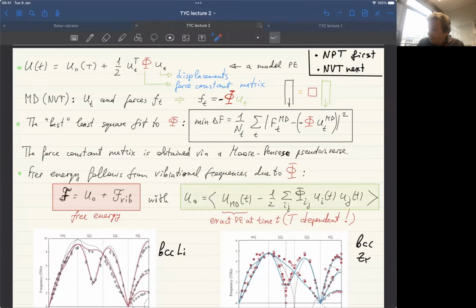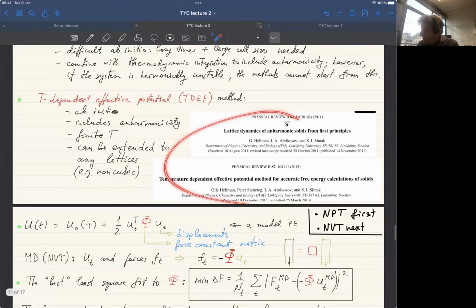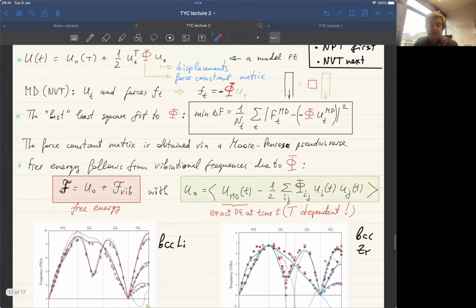What these people in these papers actually suggested is to determine the best force constant matrix out of the molecular dynamics run, the NVT molecular dynamics run.